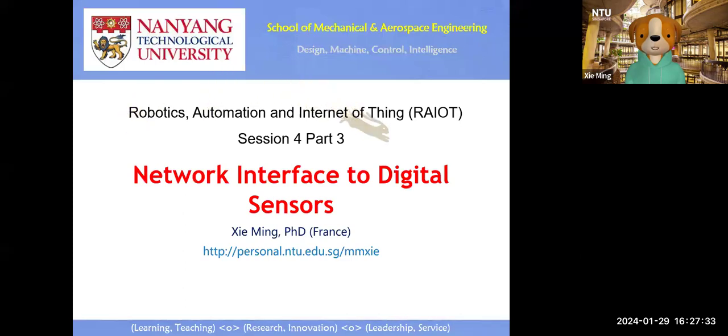Okay, we move on to look at how to interface a digital sensor to IoT. This one should be easier, because a digital sensor either gives you a pulse, or think of another scenario: your sensor has a built-in microcontroller, so it can output a digital number. Then you must treat the sensor as an extra node.